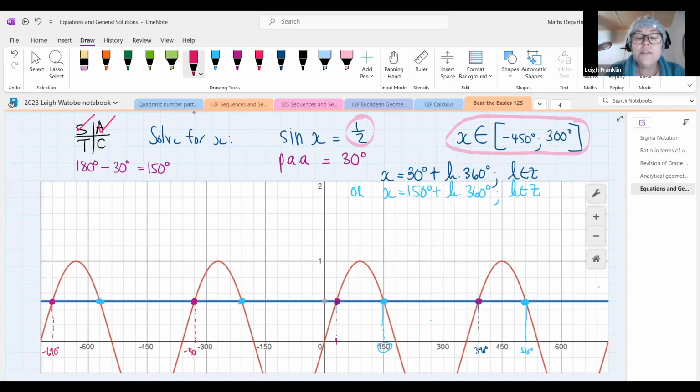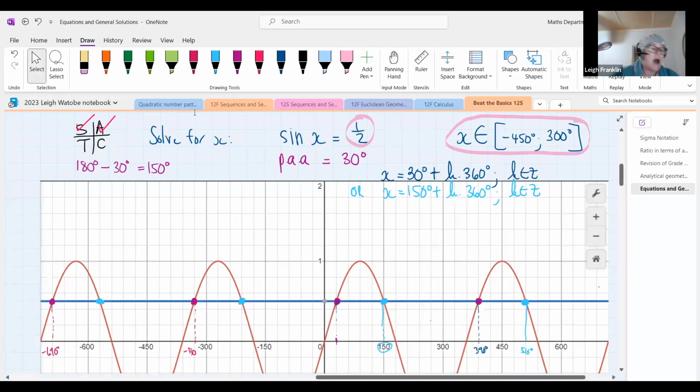So I'm using my general solution to find values that solve my equation up and down along my curve. I can do the same thing with the blue one. We've looked at what happens when we made K equal to 0 or K equal to 1. What happens when we make K equal to -1? Then we would have 360 times -1 plus 150, which is minus 210.